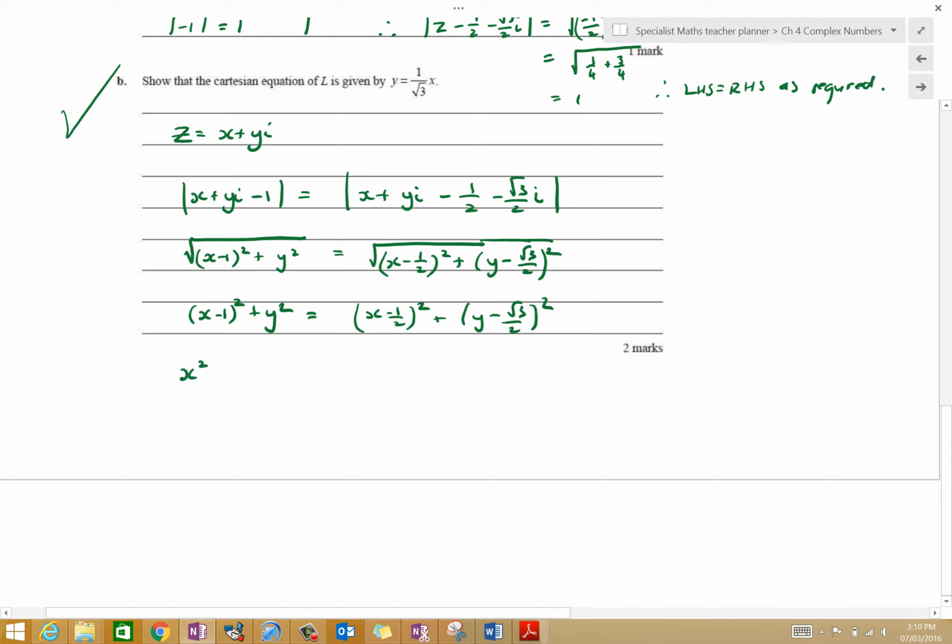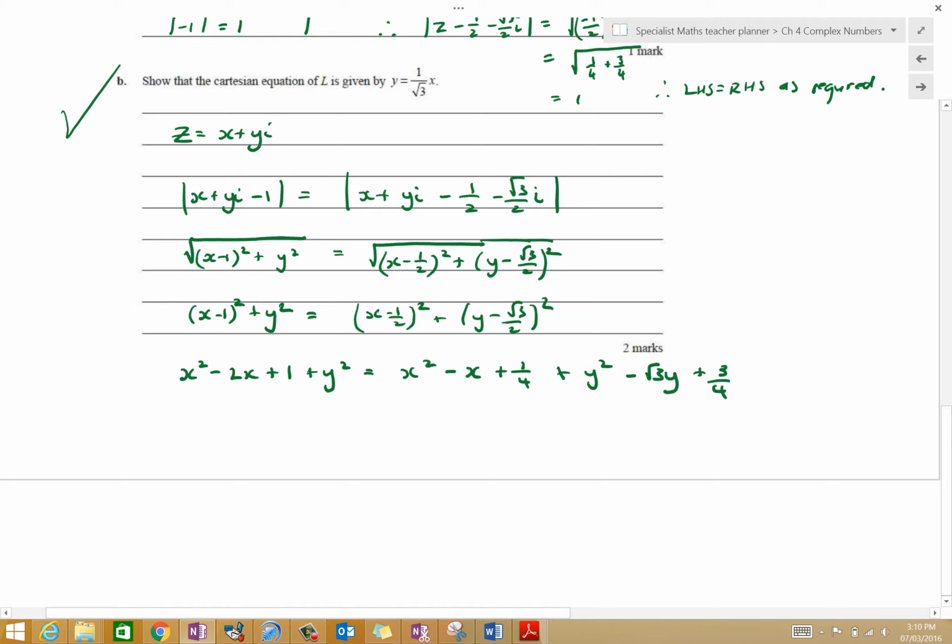That's going to be x squared minus 2x plus 1 plus y squared is equal to x squared minus x plus a quarter plus y squared, minus root 3 y plus 3 on 4.